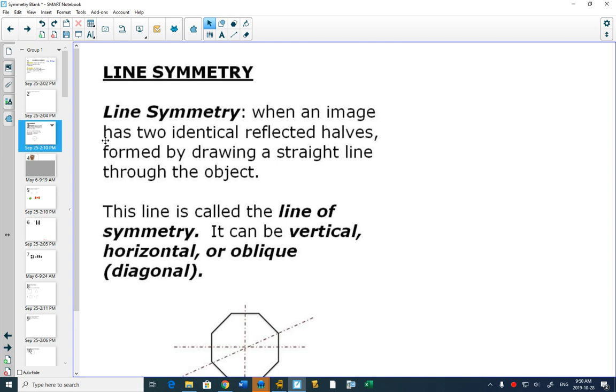somewhere. So line symmetry, another definition you're going to write in. So I'll highlight it here. When an image has two identical reflected halves formed by drawing a straight line through the object, we call that line symmetry. And then this part is in your notes.